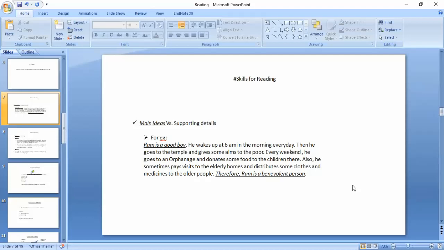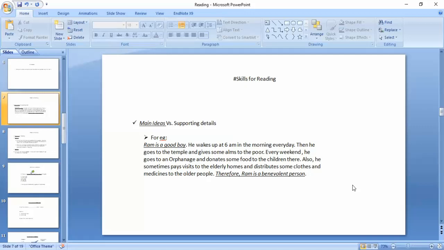The main idea of a paragraph usually resides in the first and the last sentence, 80% of the time. If you read the first sentence and the last sentence, you will come to know that the summary, or the main idea, of the paragraph is what? Ram is a good person.